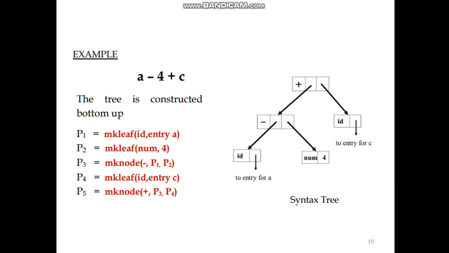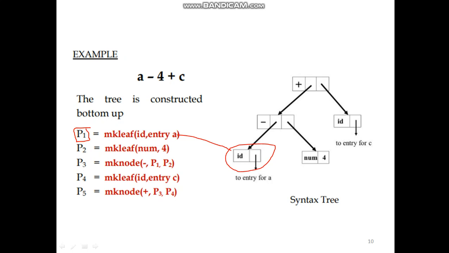When I call this function make leaf id comma entry a, a node like this will be created: id. This function is used to construct this leaf node id, and entry a is the entry for a in the symbol table. When I call this function, it will return a pointer, let me represent it with p1.